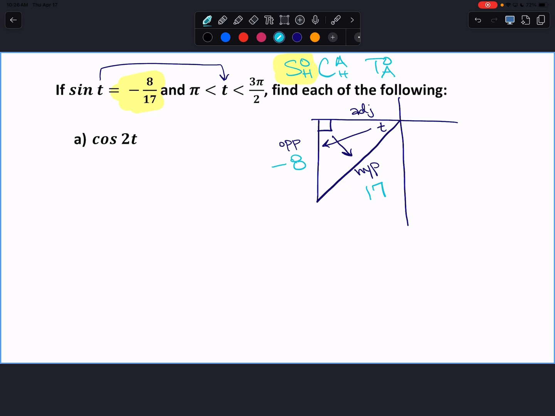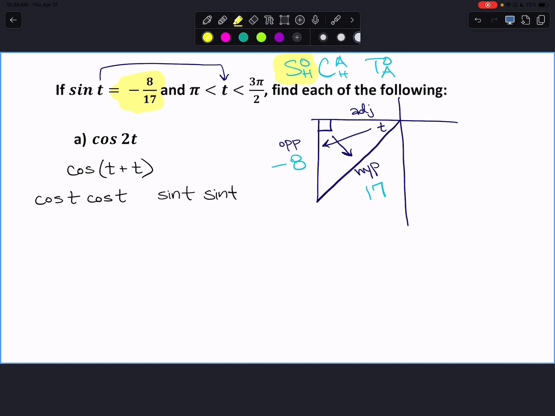All right, so the cosine of 2t is just cosine of t plus t. I get it that you could flip back in your notes and get the formula, but when you have a quiz or a test or a final exam, you're not going to be able to do that. So let's just derive it, okay? So it's cosine of t plus t. I can rewrite it as cosine cosine minus sine sine.